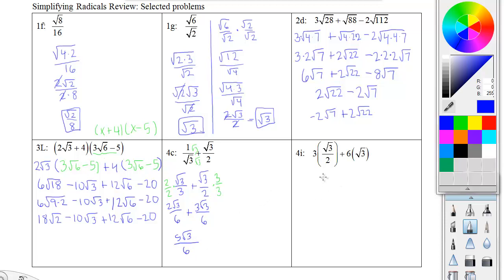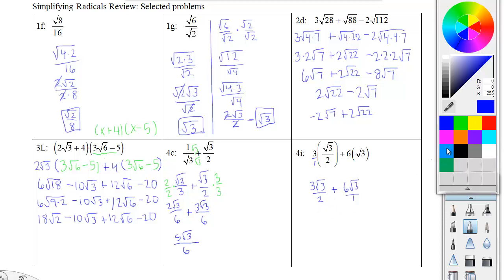All right, and the last one for I, I'm going to do this multiplication first here. So this becomes 3 root 3 over 2. And we can make this 3 over 1 to see that. 3 times root 3 is 3 root 3, and 1 times 2 is 2. And then 6 times root 3 is just 6 root 3. We can put that over 1.